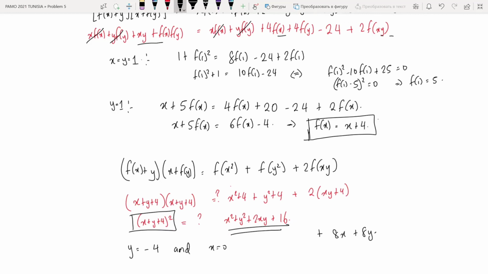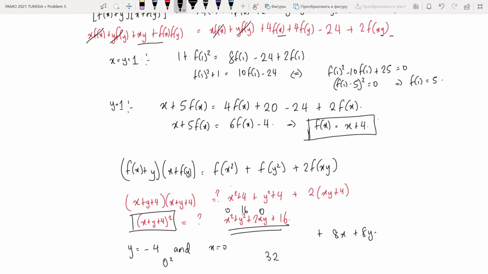When we plug in y equals minus 4 and x equals 0, x plus y plus 4 will be 0, so it will be 0 squared. While this side here will be 0, 16, 0, 16, so this side will be 32. As you can see, when x is 0 and y is minus 4, both sides are not equal, because it's not an identity, so it cannot hold for all x and y.